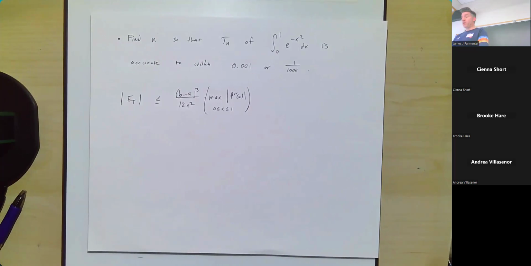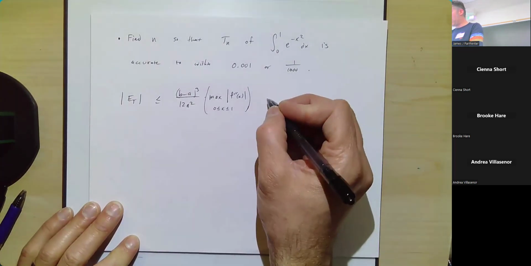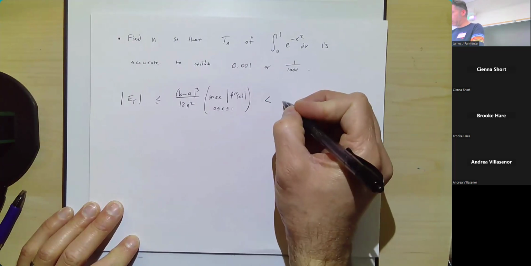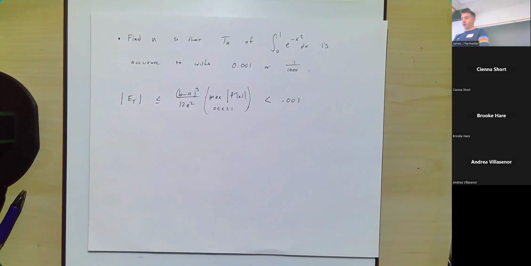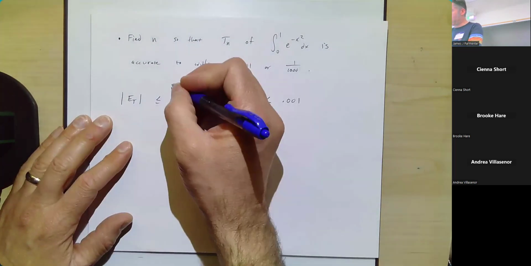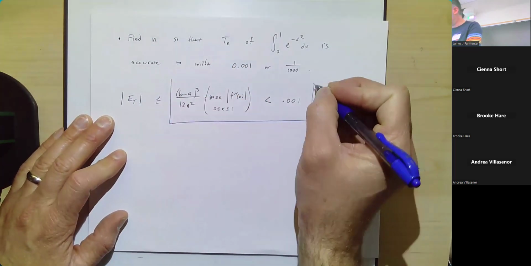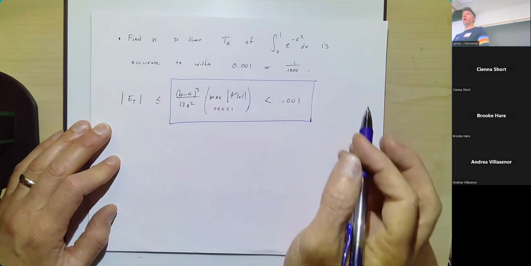And we want this to be less than 0.001. This is what we're going to focus on. We're going to use this inequality to figure out what n has to be.